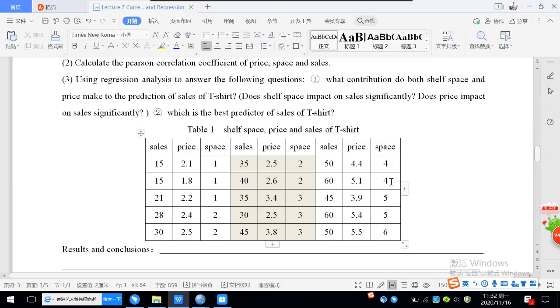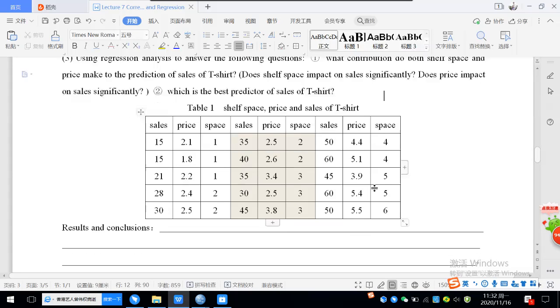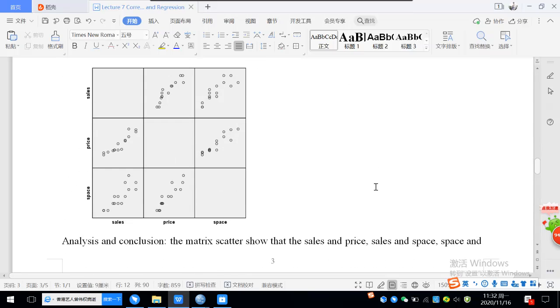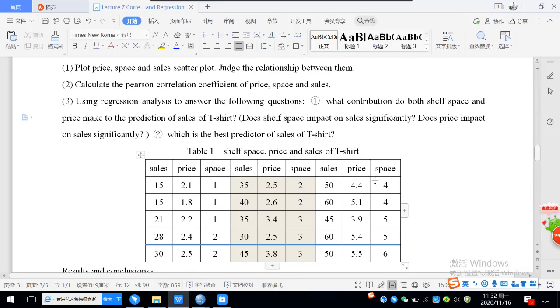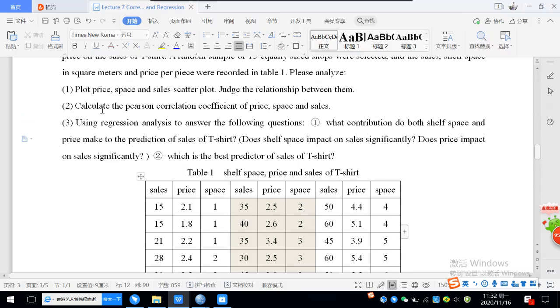If we use the significant, then you need to test, right? Okay, so next step 2. What you need to do is you need to calculate the Pearson correlation coefficient.